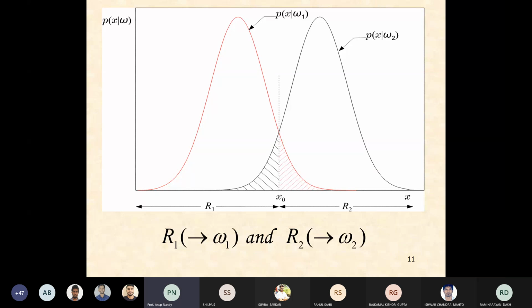Then there will be a problem. But if a benign tumor is diagnosed as malignant, then the wrong decision will be cleared out during subsequent clinical examinations.